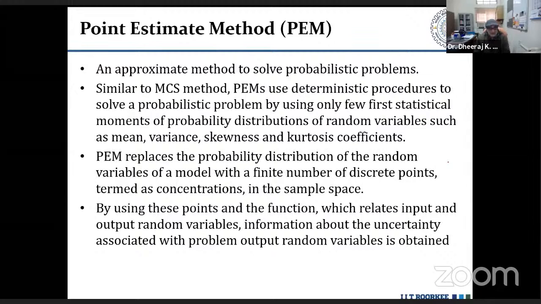So in PEM, what we do basically, we replace the probability distribution of a given random variable by a finite number of discrete points, 2 points, 3 points, like that. And those points are basically called concentrations. And by using these points and the function, we obtain the information about the output variable.